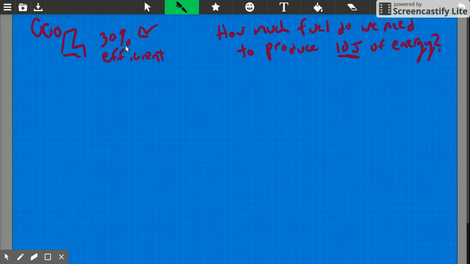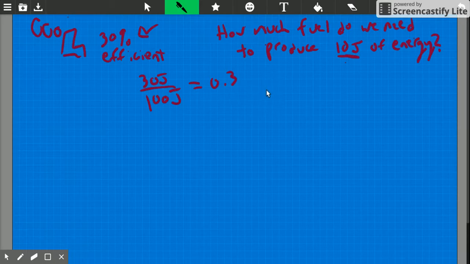from. This 30% is essentially a representation of the ratio of energy output to energy input. In other words, if your power plant outputs 30 joules of useful energy and requires 100 joules of input fuel, that's going to leave you with a ratio of 0.3.